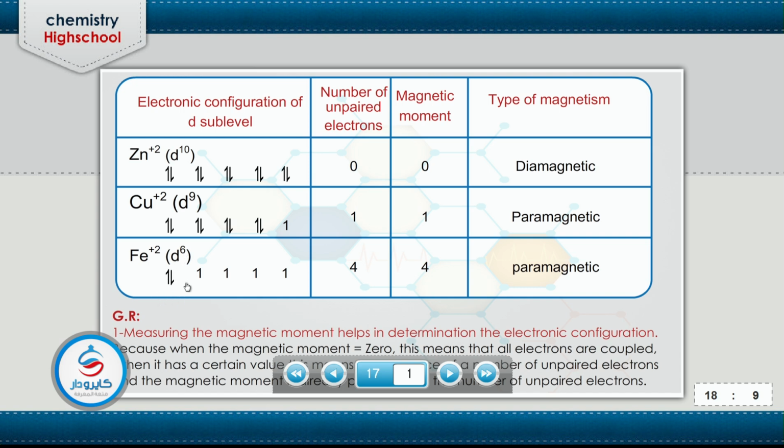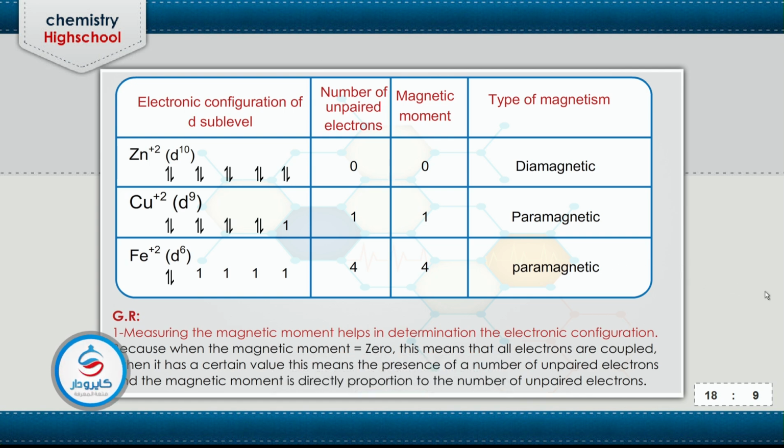The first orbital contains paired electrons, and the other orbitals have 4 unpaired electrons. So the number of unpaired electrons is 4, and the magnetic moment equals 4. So iron 2 is a paramagnetic substance.